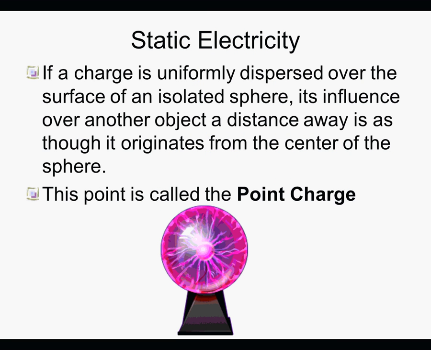If a charge, let's say this charge is uniformly dispersed over the surface of an isolated sphere. So again, you take the picture here of the pink ball. What this is showing you is that the charge is all over the surface of the sphere, not just here, there, and everywhere. It's uniformly dispersed.